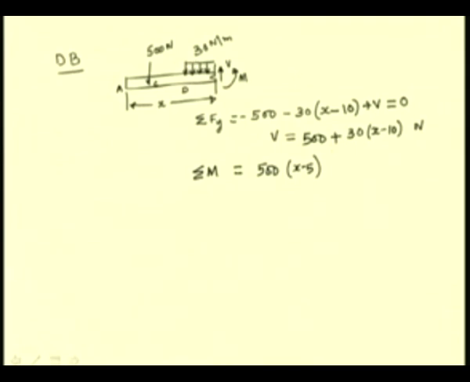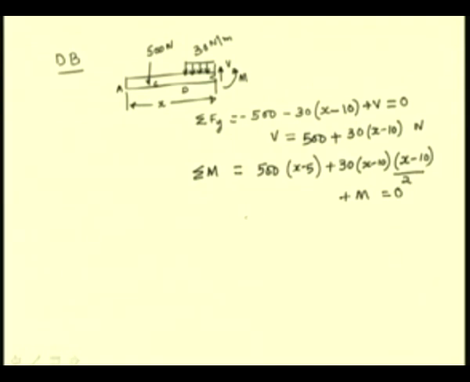So, we have 30 Newtons into x minus 10 as the total load, which is acting at a distance of x minus 10 by 2 from this section, and we have the moment M, and the sum of these has to be 0.